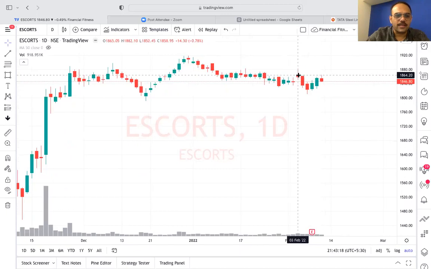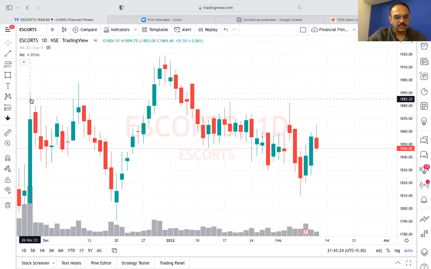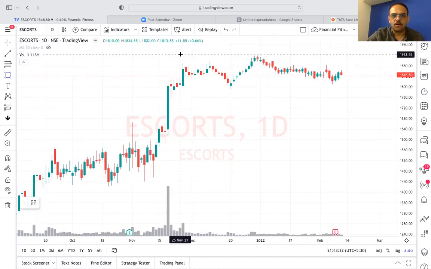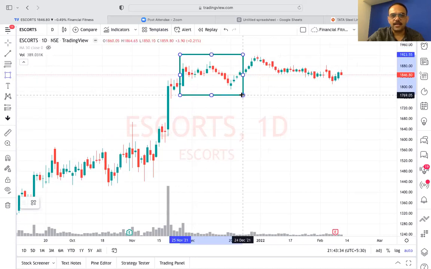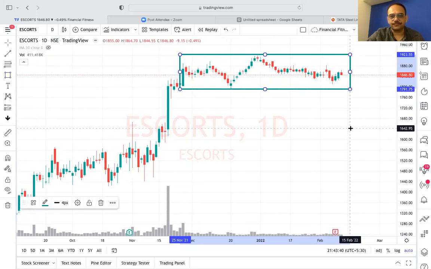Now if we zoom in, let's zoom in into this and only this much area, what is happening since last 2 months. So this is the area. Let us zoom out, make a box, and then analyze within that box what is happening.